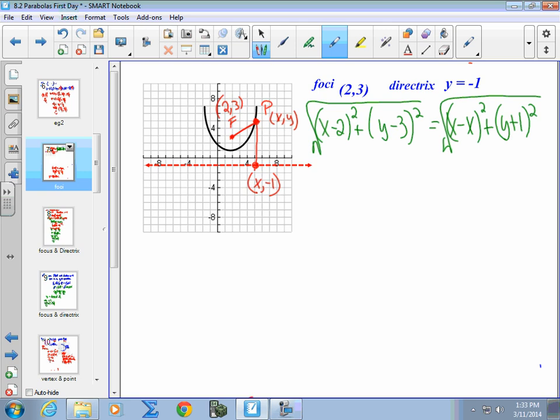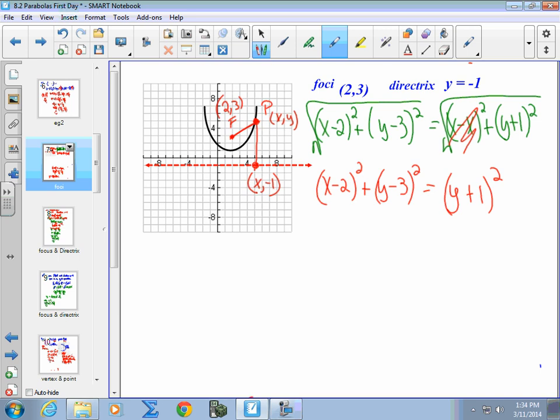So if you square both sides to get rid of the radical signs, you have x minus 2 squared plus y minus 3 squared is equal to, well, what's x minus x? So you don't even need that one, or this one. So you have y plus 1 squared.